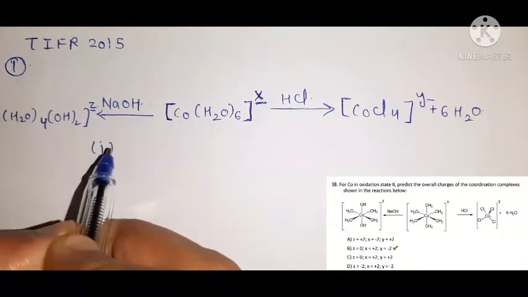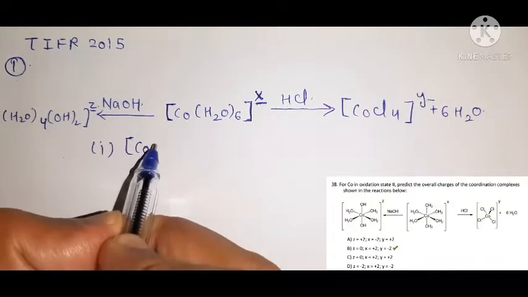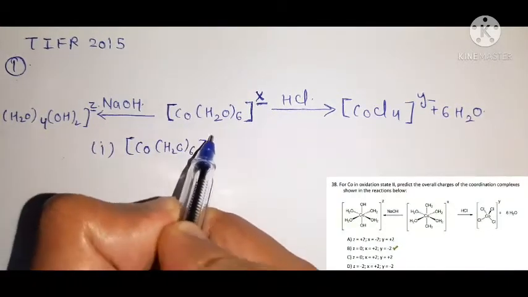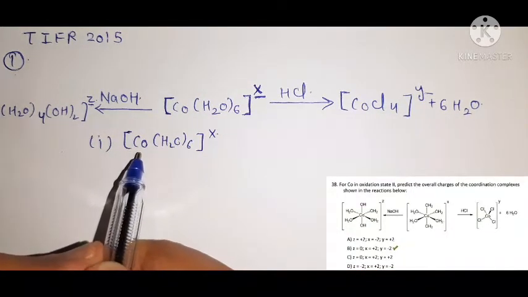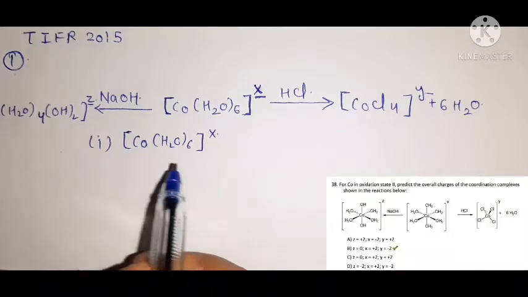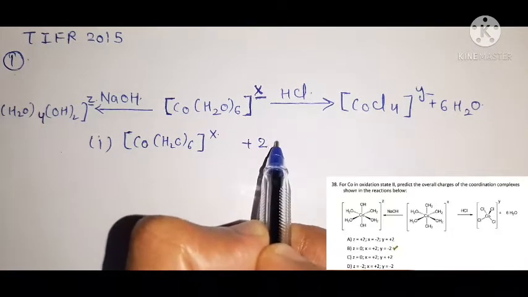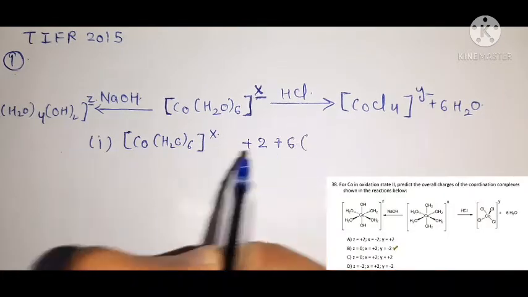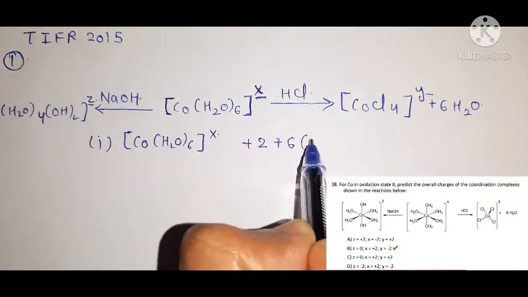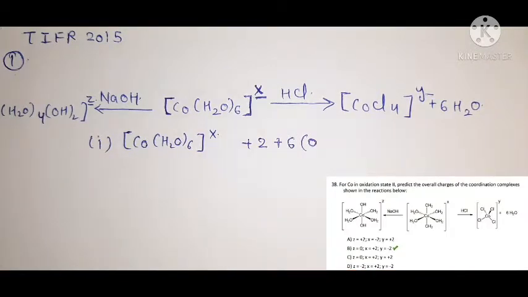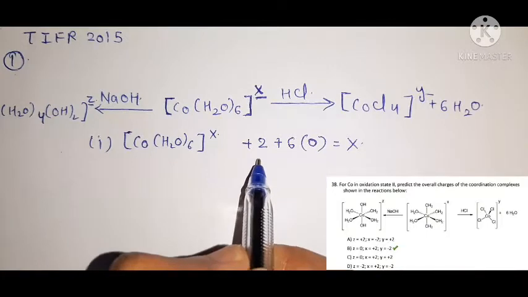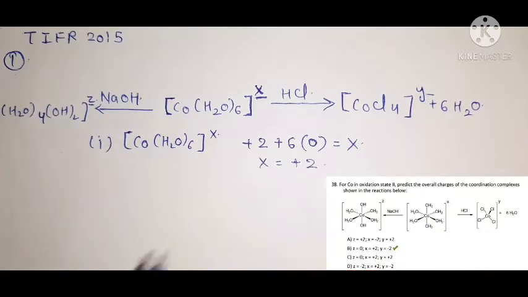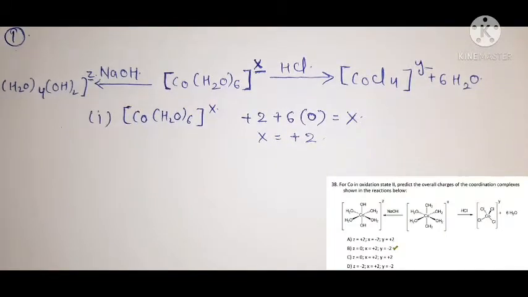Now first of all, for this complex, that is Co(H2O)6 X, cobalt is present in +2 oxidation state according to your question. So +2 plus 6 multiplied by 0, see the charge present on the H2O ligand is 0. H2O is a neutral ligand, so its contribution will be 0, equals X. So the value of X will be +2.